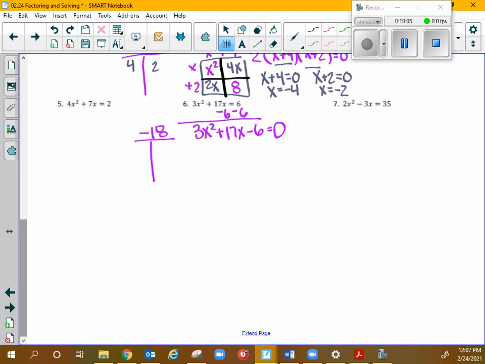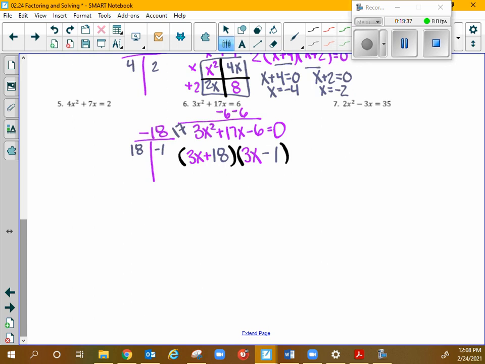-18. Factors of -18 would have a sum of what? 17. 18 and -1. Okay, so if I'm using my new route, 18 and -1 go into those parentheses with 3x.